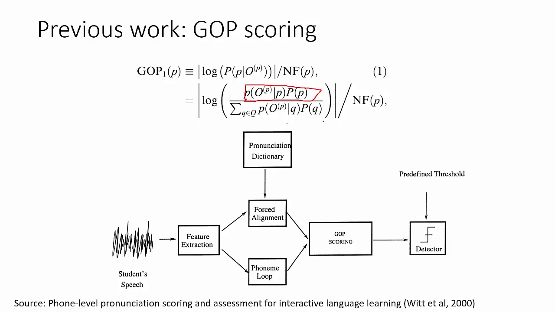You sum this across all of your phonemes, and then you divide it by the length. So this gives a pretty good scoring system that works for detecting non-native speech.